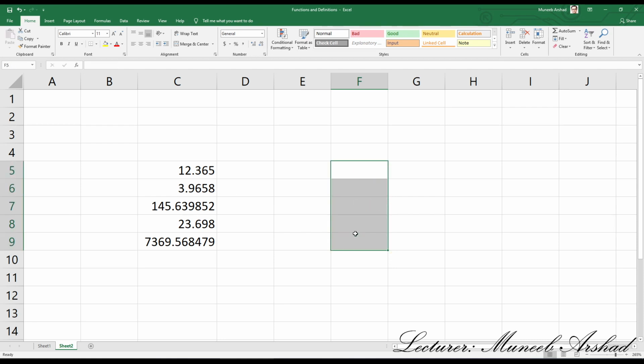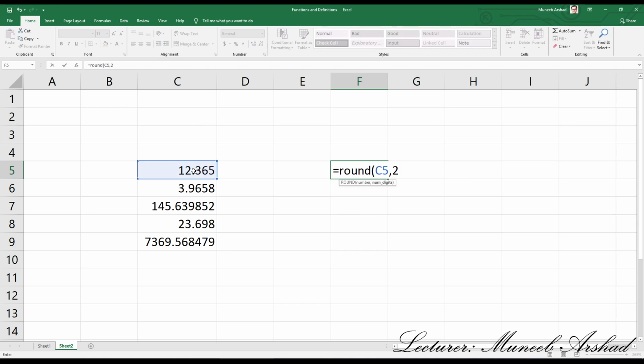If we are to round this number to 2 decimal places, the only change that will come in your function is the number of digits. So for 2 decimal places, you're going to put in 2 as your number of digits. You press enter, you get the answer rounded off to 2 decimal places. Same is the case for 3 decimal places.